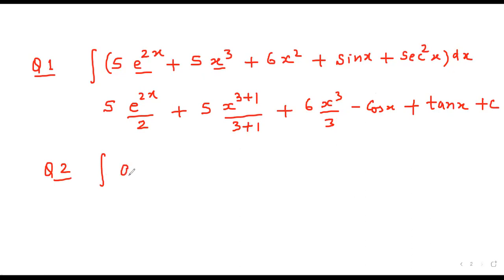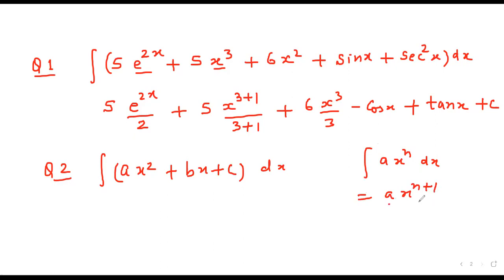Suppose we are given integration of ax square plus bx plus c dx. The rule says integration of ax power n dx gives ax power n plus 1 divided by n plus 1. But suppose we have a constant, suppose 5 dx.